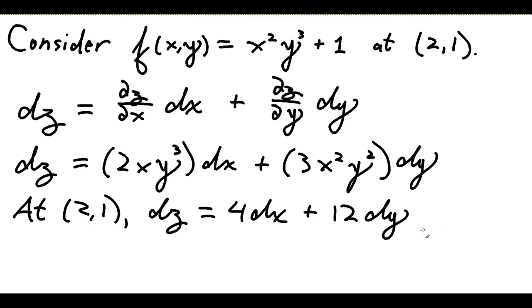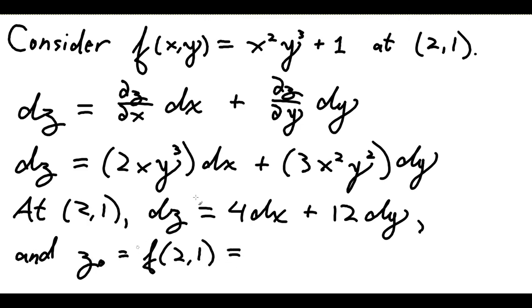And for any sort of linear approximation purposes, we will also want to find out what our value z naught is, or just z, depending on which notation you're using here. Let's compute that as we did the first time we tackled this problem. That's just the function value at the point in question.